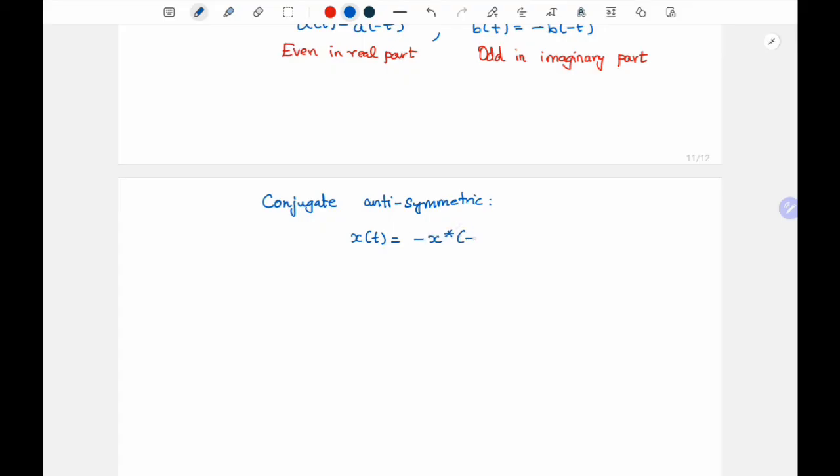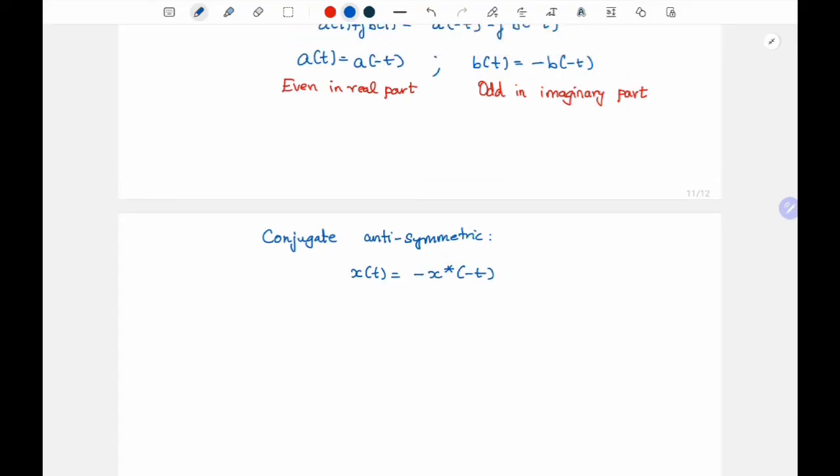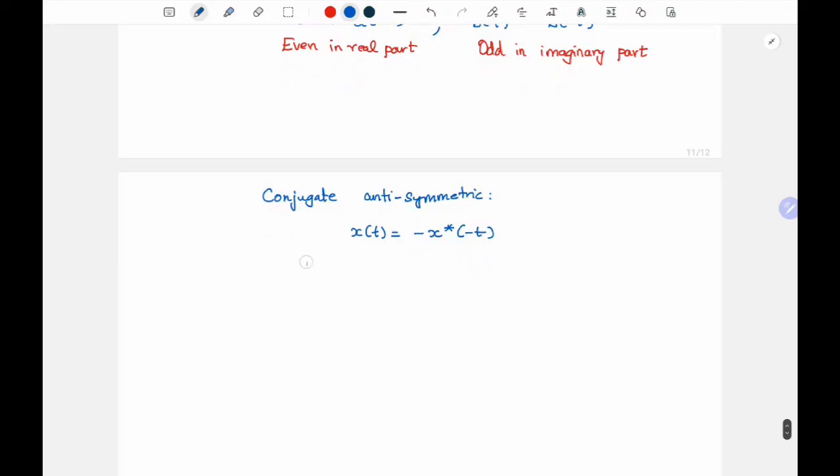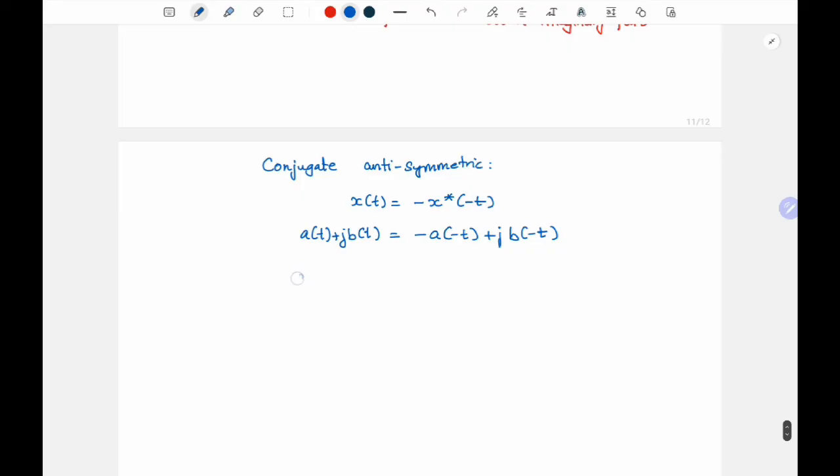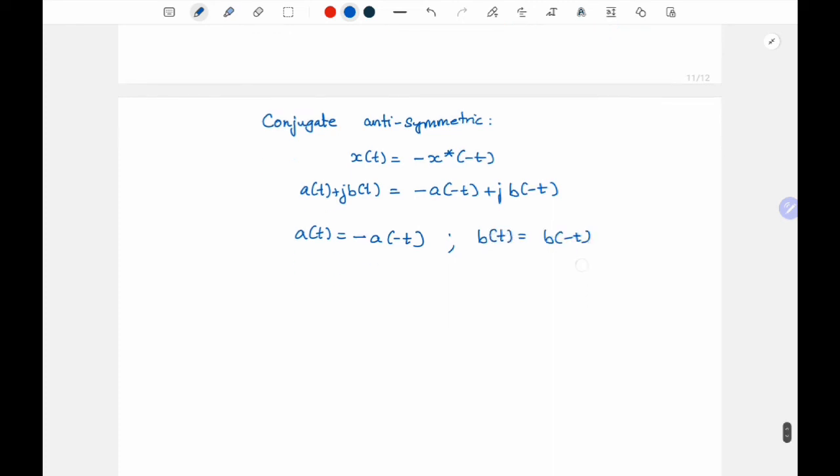So here, a of t plus j b of t is equal to minus a of minus t plus j b of minus t. Equating the real parts, I get a of t is equal to minus a of minus t and b of t is equal to b of minus t. So what is this? This is odd in real part and even in imaginary part.